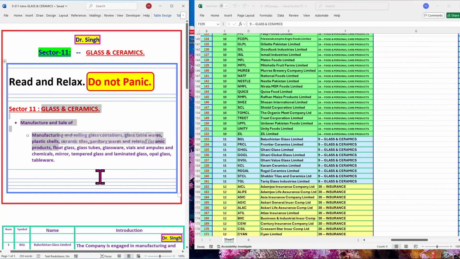So let's come over here. Sector 11, I'm reading, deals with glass and ceramic.